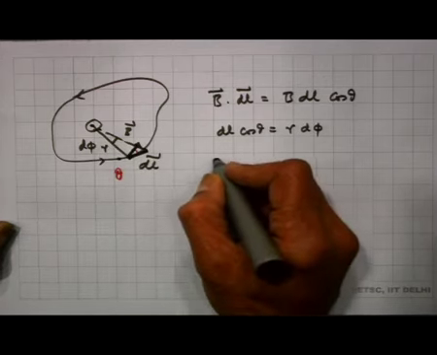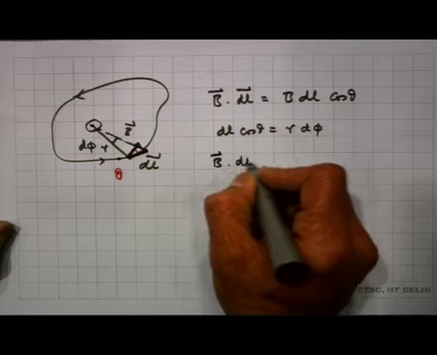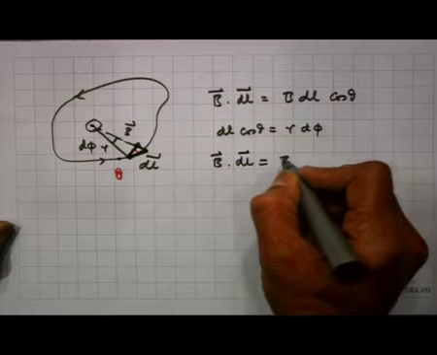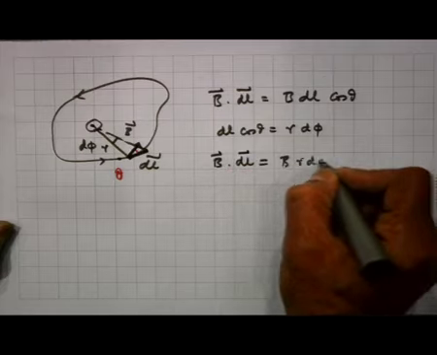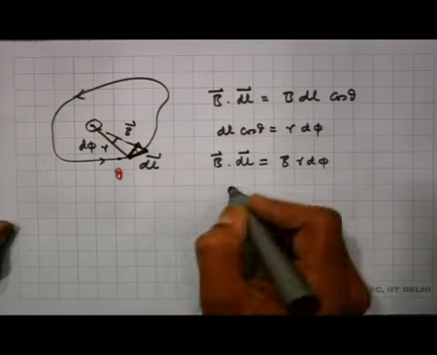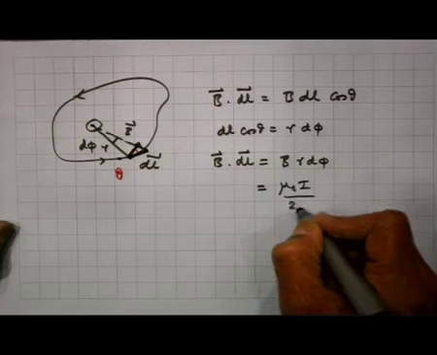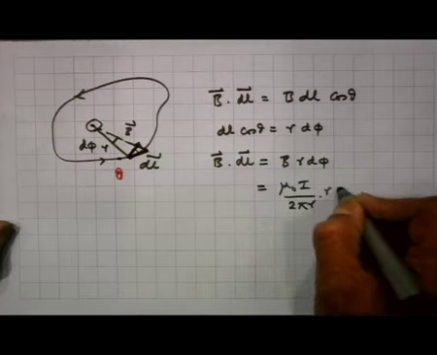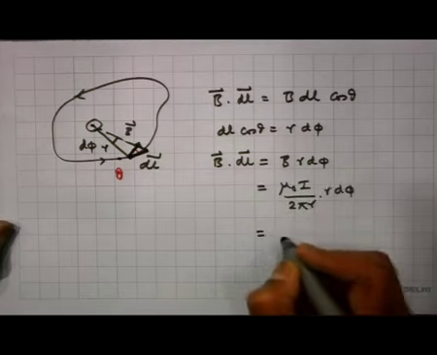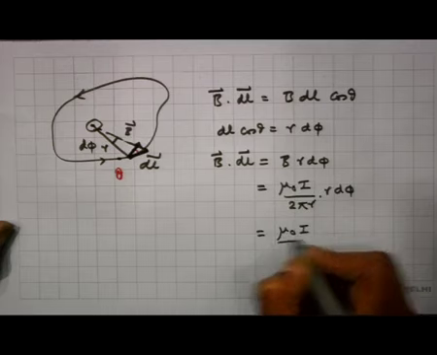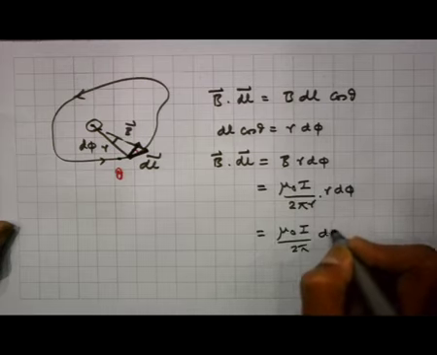So, B dot dl becomes nothing but B r d phi. For this case B I know is mu naught I by 2 pi r into r d phi. So, that gives me mu naught I by 2 pi into d phi.